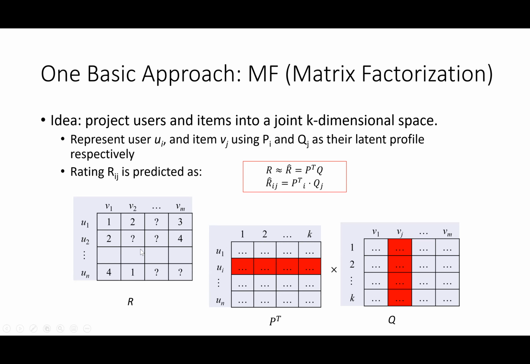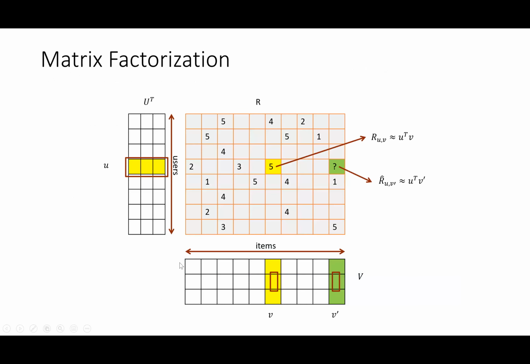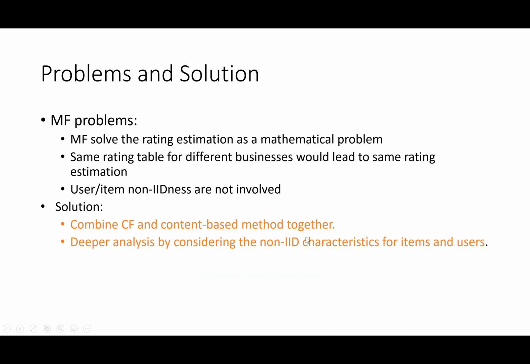Because in Sydney and London, the prices are both very high, but the market condition and the people's preference could be quite different, right? So this way of estimating the missing value by factorization into the latent user vector and item factor is probably just too mathematical, right?